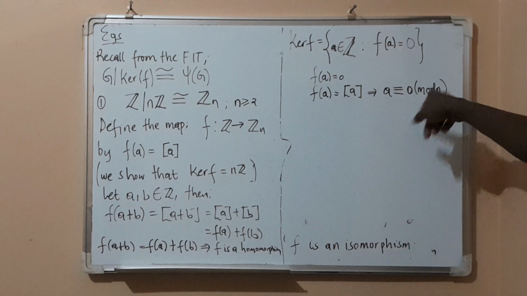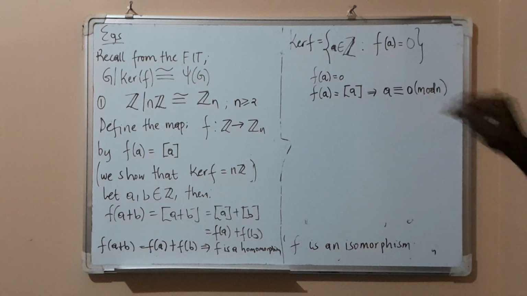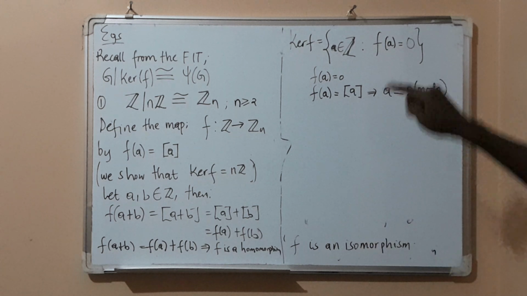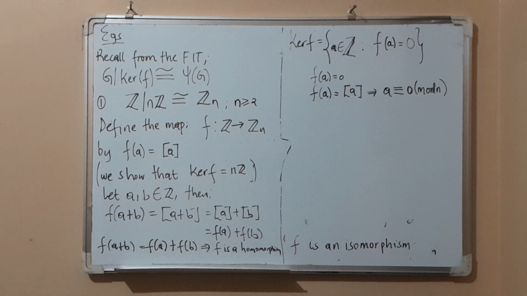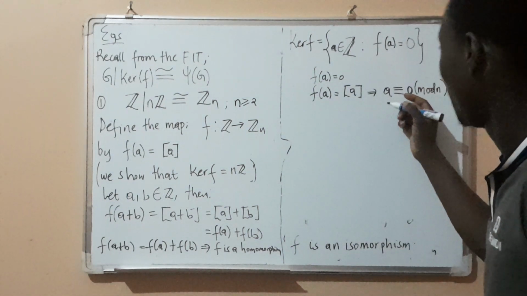So such elements which will give us a 0 when divided by n, what do you think those elements are? Elements which will give us a 0 when divided by n are multiples of n.